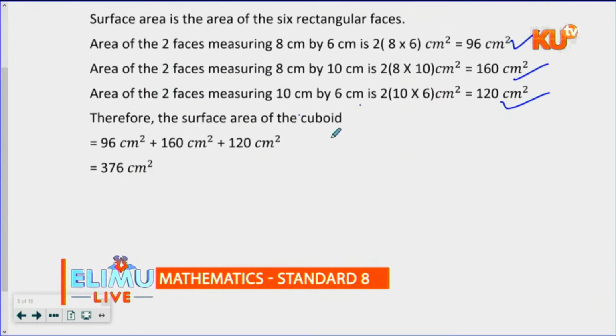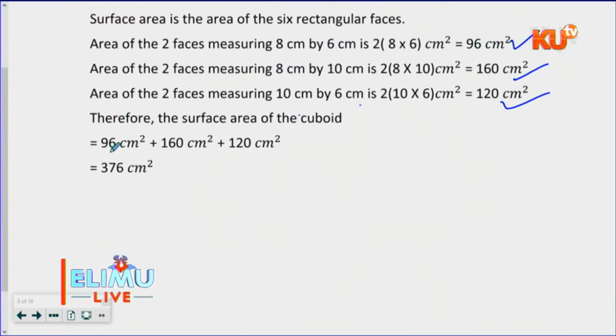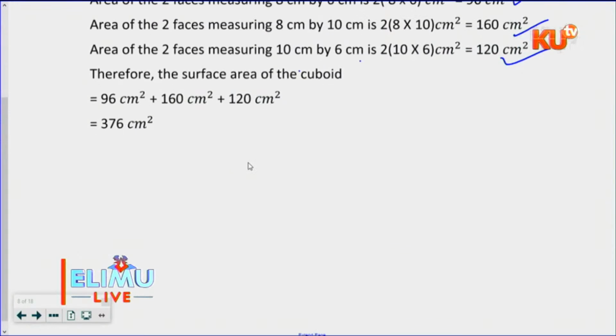And now we come to get the total surface area. We'll add all the area of the 6 faces. The first 2 faces gave us 96. The second 2 faces gave us 160. The third 2 faces gave us 120.